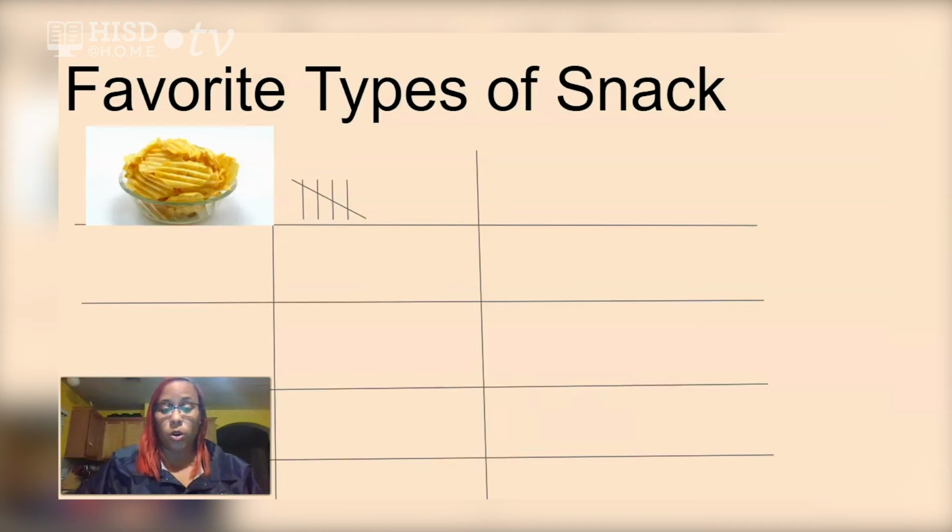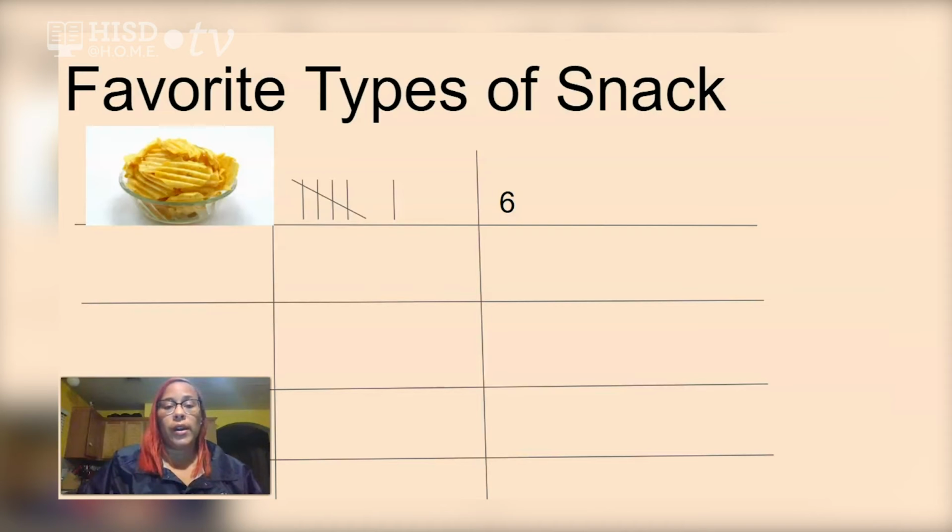So the line will go across when you get to 5, 10, 15, 20, 25, 30, and so on. So here we see 1, 2, 3, 4, 5, 6. 6 students chose chips. Do you see how I organized that in my tally chart?